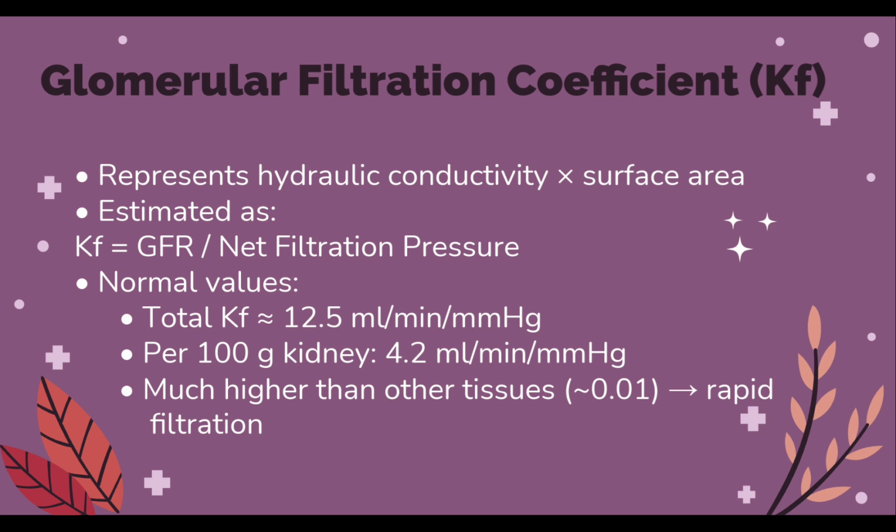Total glomerular filtration for both kidneys is usually about 125 milliliters per minute, and the net filtration pressure is 10 millimeters of mercury. Usually this value is 400 times higher than the Kf of most other capillary systems of the body. So this allows rapid filtration at the kidneys.